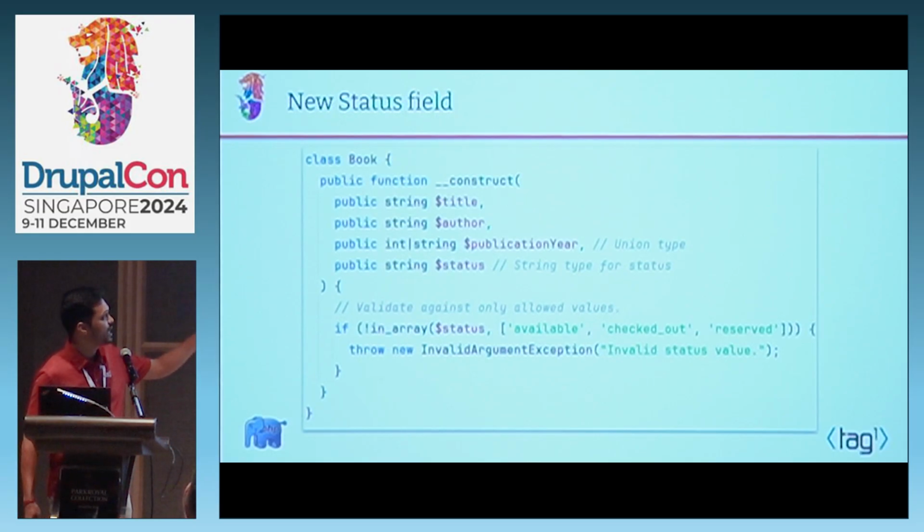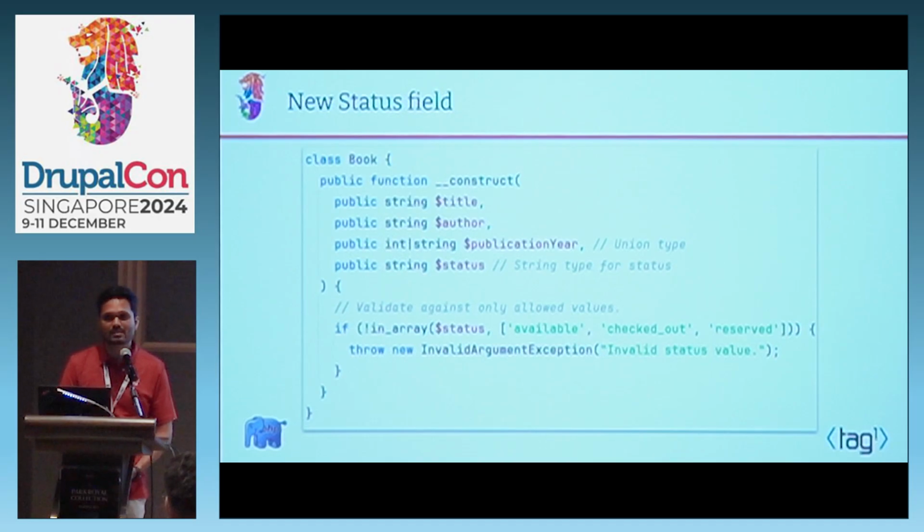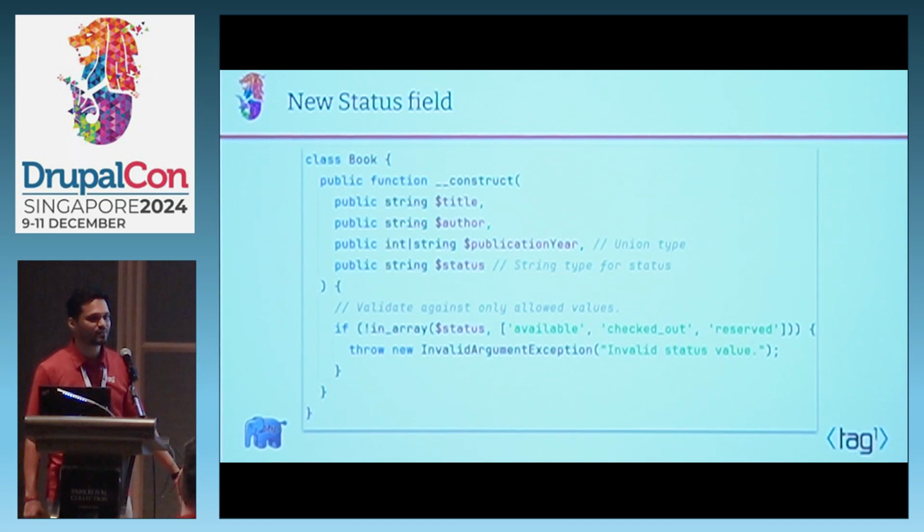So we'll have to add inside of the constructor to check for these values. And let's say if there is one more status that gets added, you need to make change here and any other place. Actually, just changing it here would be okay because the constructor is the first function that gets called. But this is not really ideal, and enum solves it.